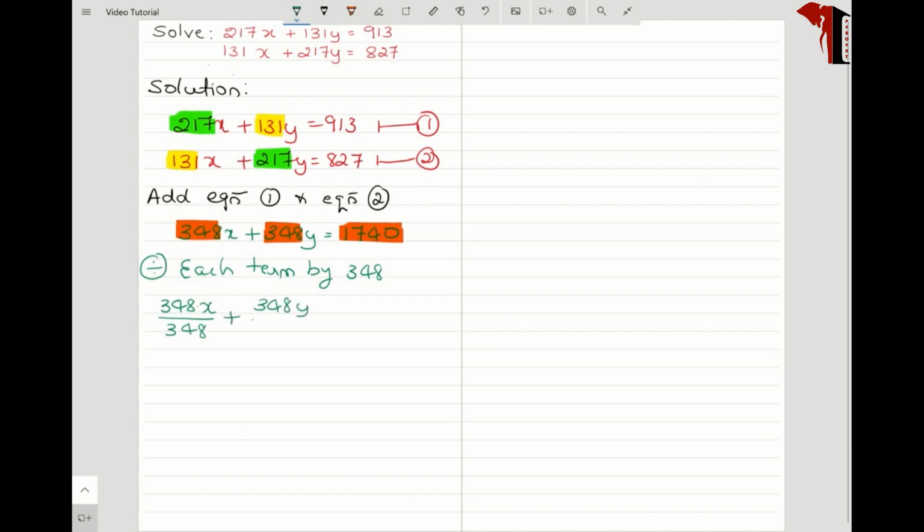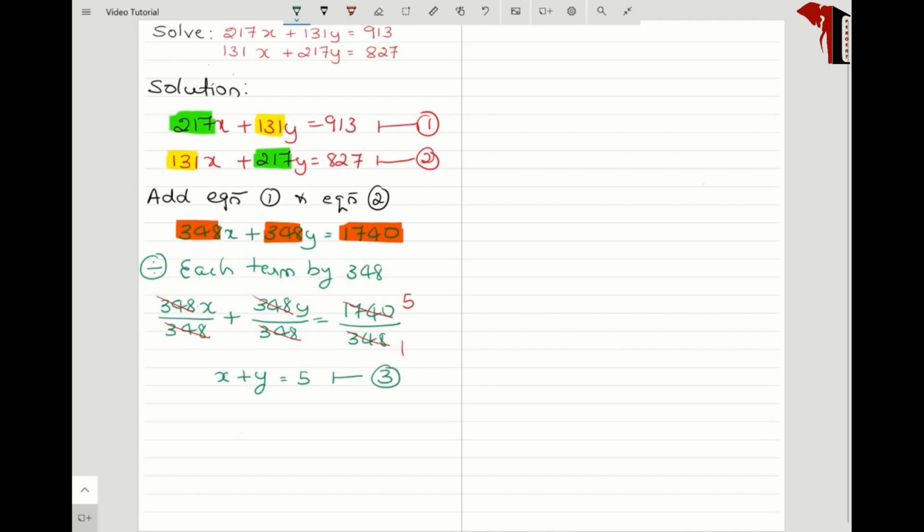So 348y by 348 equals 1740 divided by 348. It is clear that we can cancel 348 and 348. And 1740 divided by 348, how much? Guess, it's going to be 5. So it is going to be x plus y equals 5. It is going to be our third equation.